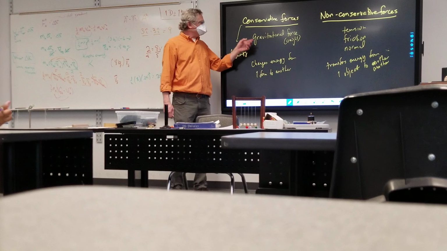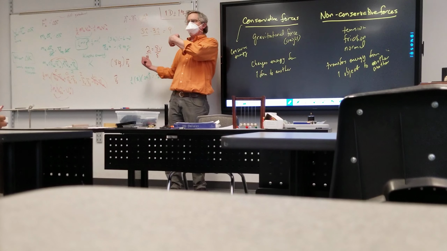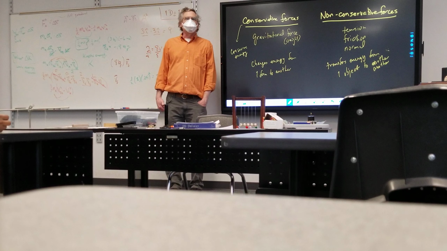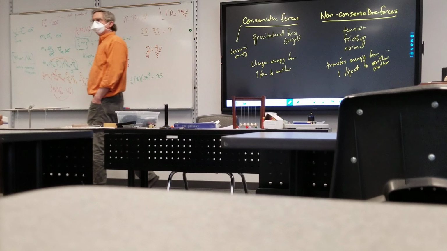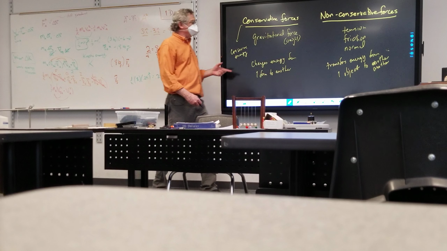So if conservative forces change it from one form to another, what are the other forms? We've got kinetic energy. What else is there? I'm sure some of you have been exposed to this in the past. What's the other type of energy? Potential. Indeed. So we have the types of forms.